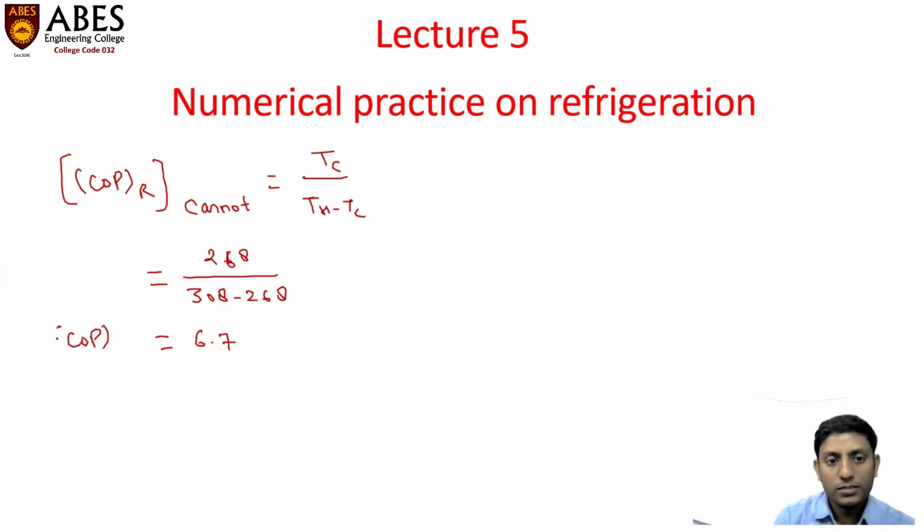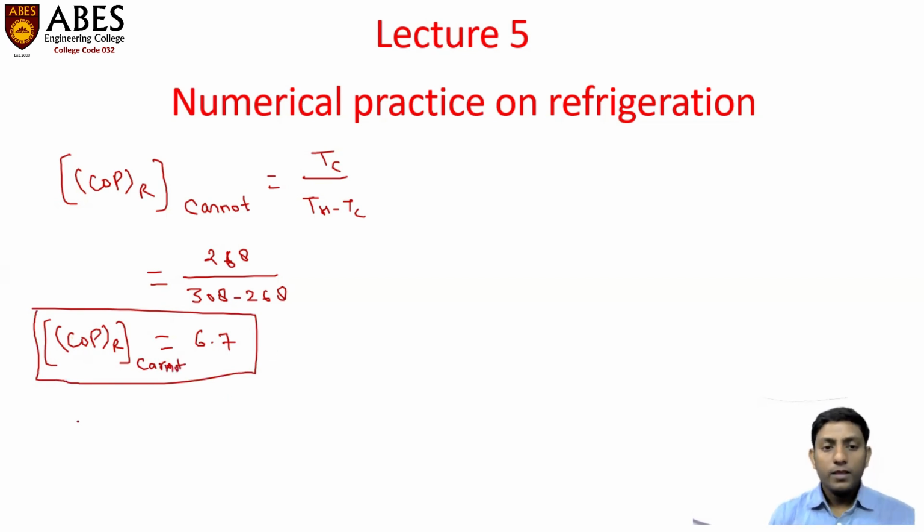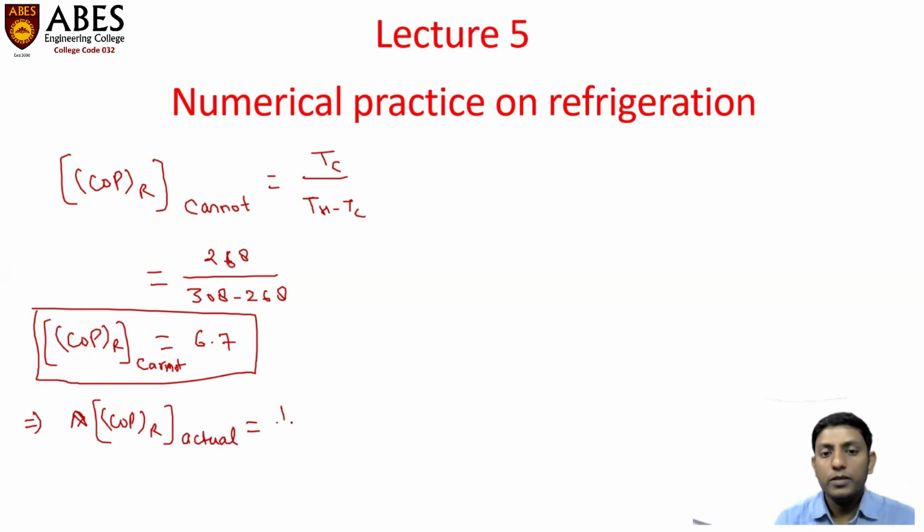So the ideal COP, Carnot, is 6.7. So the actual COP as given by the numerical would be 1/3 of 6.7, so that would be 2.23.